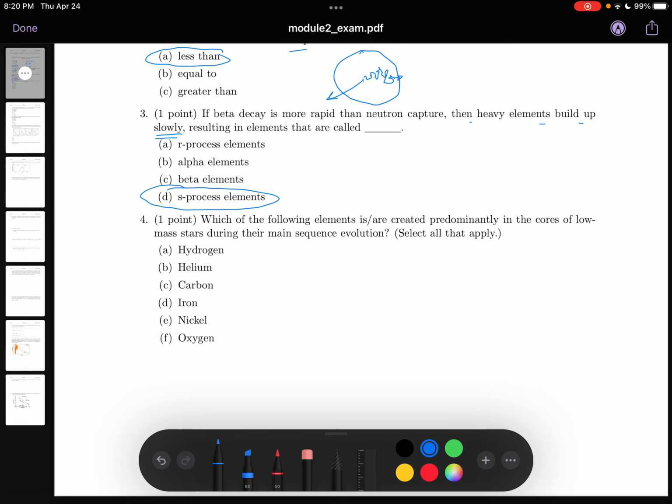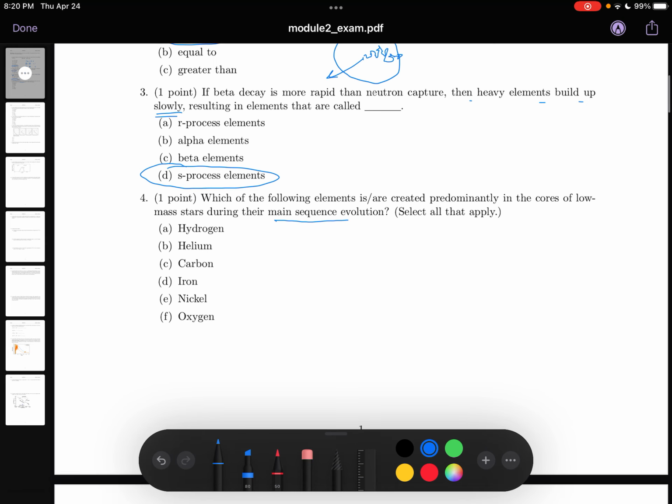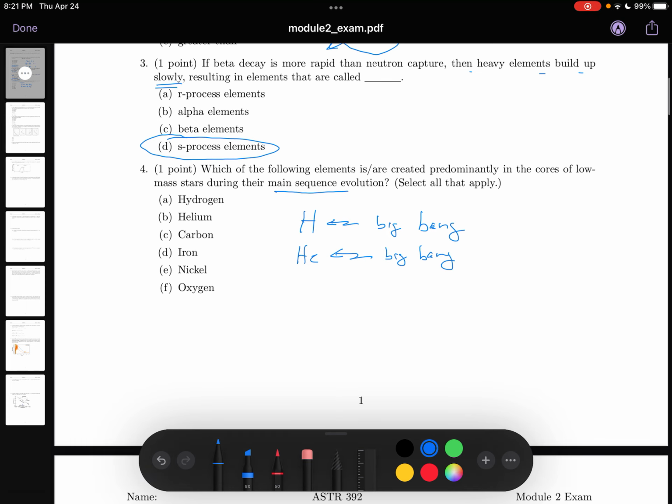Which of the following elements are created predominantly in the cores of low-mass stars during their main sequence evolution? So basically I wanted you to know hydrogen is created in the Big Bang. So that is not an option. Most of the helium is created in the Big Bang as well. But I would take that.